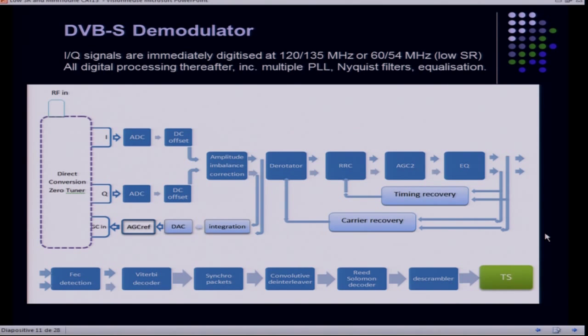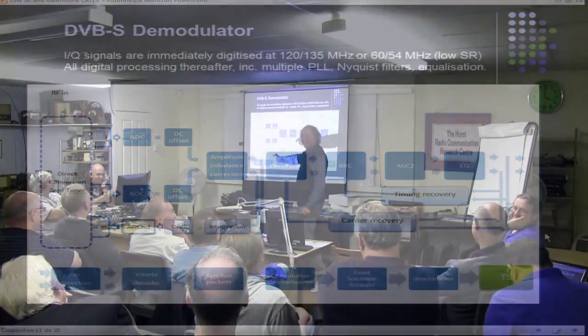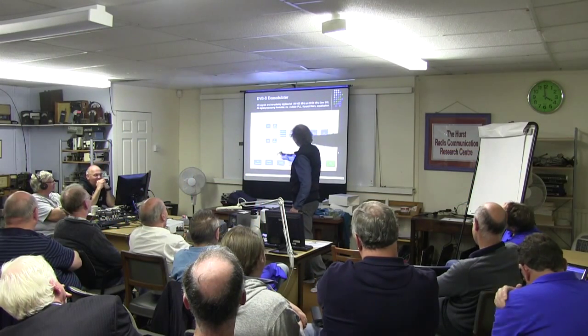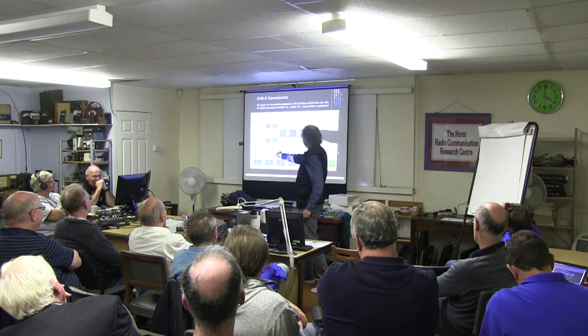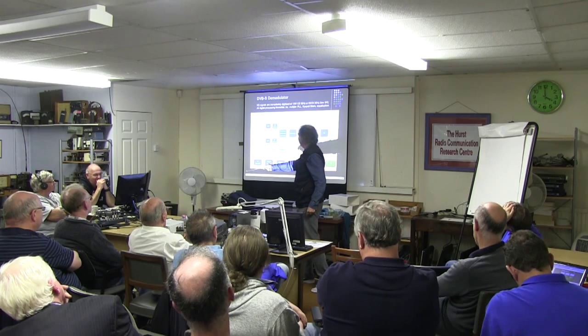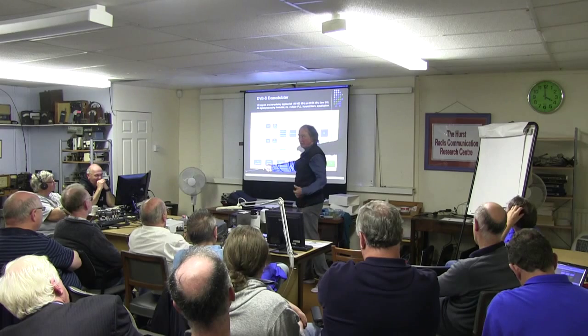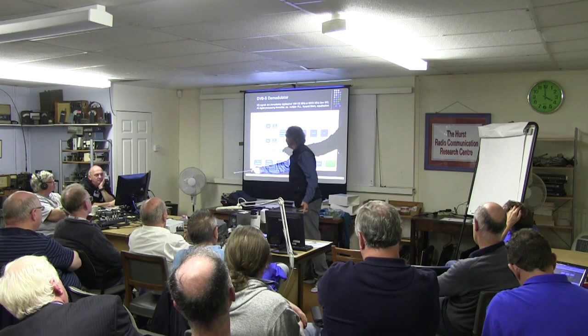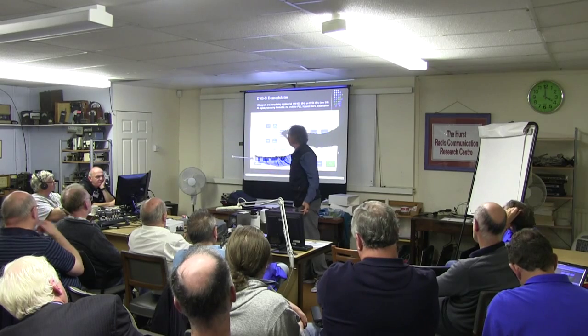The only part that is analog is at this step: after eliminating the DC offset, correction of amplitude imbalance, and integration of the signal, there is conversion to analog, and the AGC signal goes to the tuner.